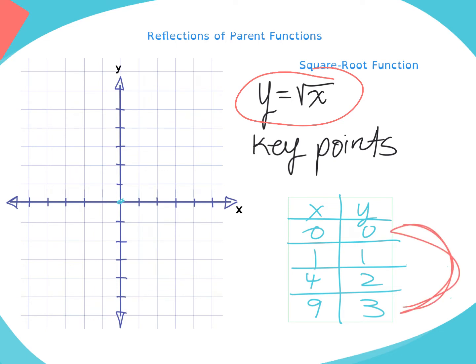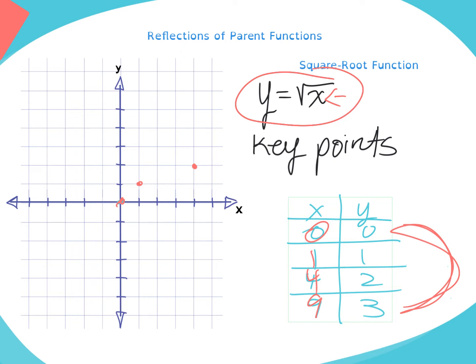How did I choose 0, 1, 4, and 9? Remember the x are my input values, and I picked those points because they look nice. So square root of 0 is 0, square root of 1 is positive 1, square root of 4 is 2, and square root of 9 is 3. It's off the graph, but you can see where we're going with this.